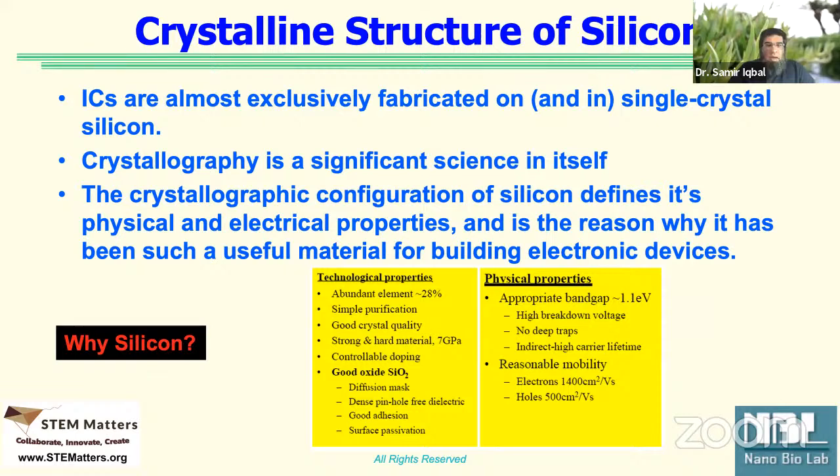Then on the right side, it says appropriate band gap. We haven't talked about band gap. My goal is we will look at what is band gap and why it is important. And there's another thing, it says mobility. Mobility is also another important property for semiconducting materials. We'll look at that as well. But ultimately, silicon's physical as well as electronic properties make it the material of choice.